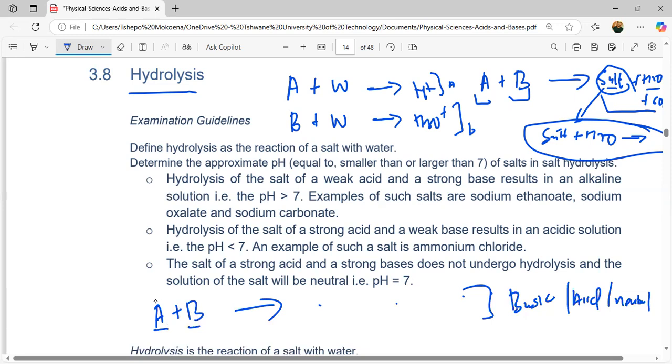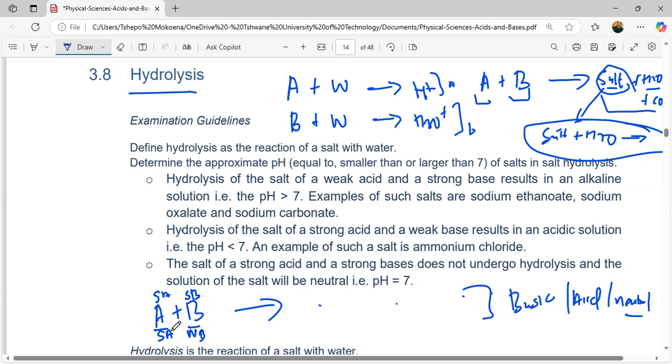So if a strong acid reacts with a strong base, the solution will be neutral. If a strong acid reacts with a weak base, who's going to lead? Acid will be more dominant than the base, which does make sense.